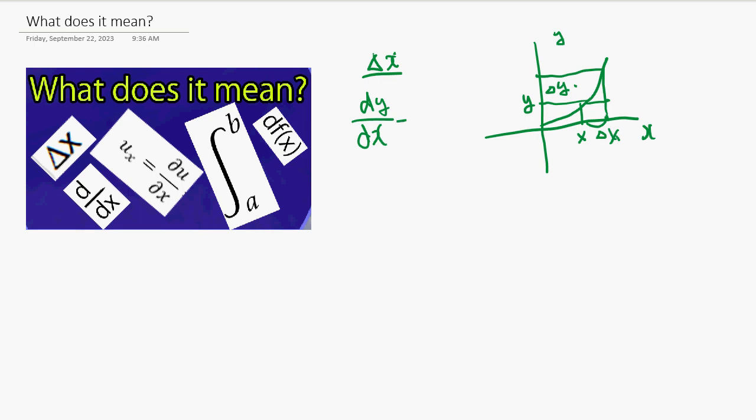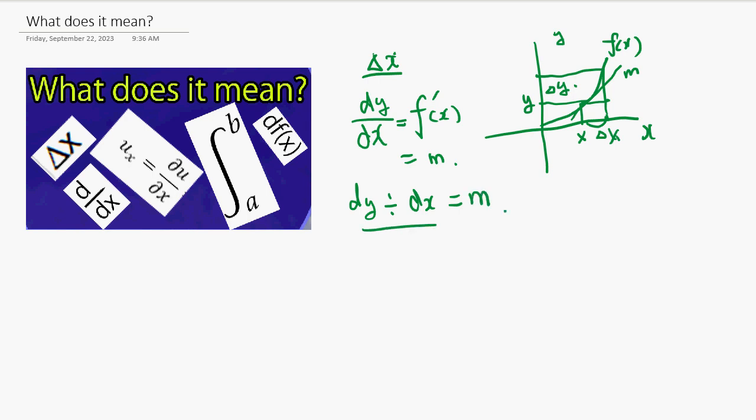Now dy dx equals, if this function is f(x), f prime x. What does it mean? When you take a derivative, you have a slope function, and slope is m, and dy dx is actually dy divided by dx equals m.